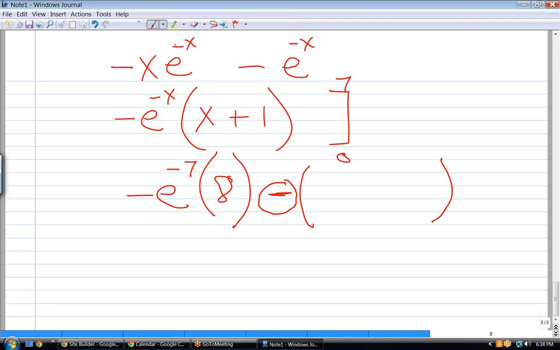In other words, to evaluate the lower limit, what goes in here? Negative e to negative 0, which is what number? It is 1. Times what? Times, yeah, just 1.